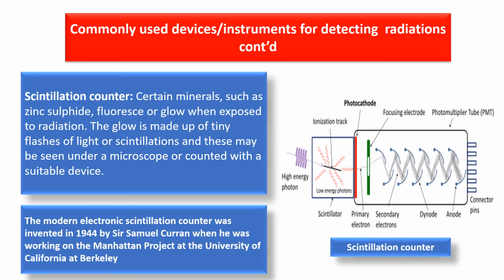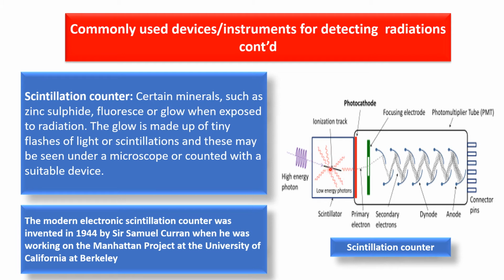Scintillation counter is another device that can be used for detecting radiation. The modern electronic scintillation counter was invented in 1944 by Sir Samuel Curran, and at the right hand side is the model of a scintillation counter. Here, this box represents the scintillator itself, and within it is the ionization track.